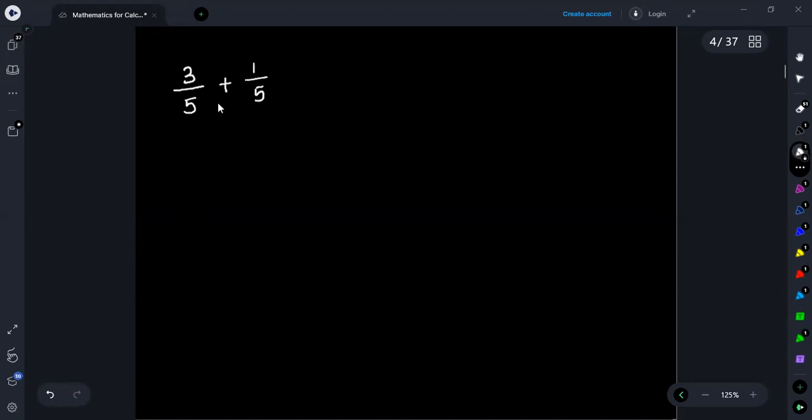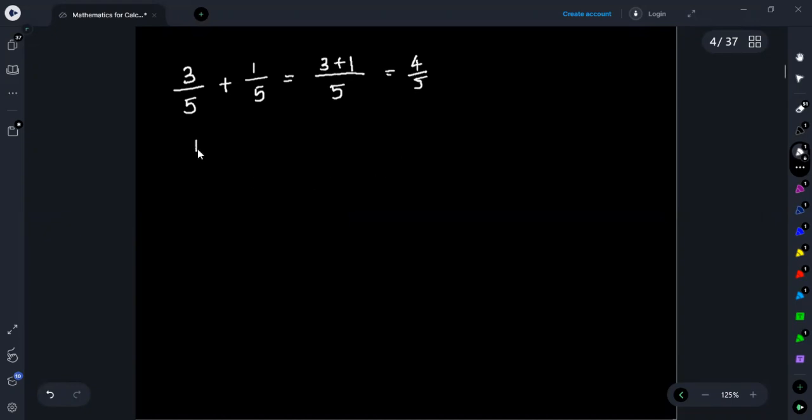If we have to add these two fractions, we need to check the denominator first. Here the denominator is the same. Since the denominator is the same, we can keep the denominator as it is and add the numbers in the numerator. With that we obtain the answer 4 over 5.